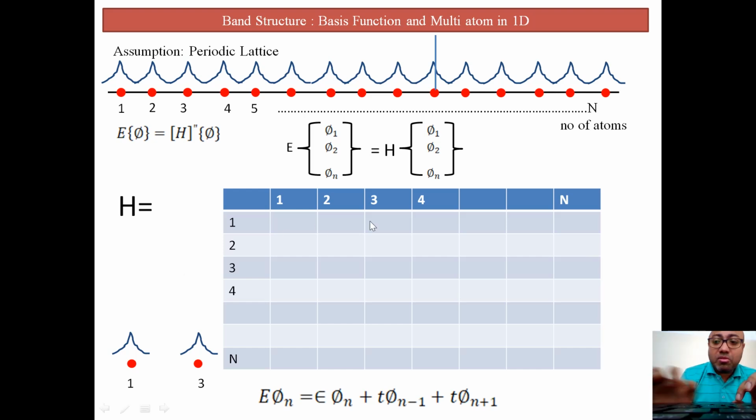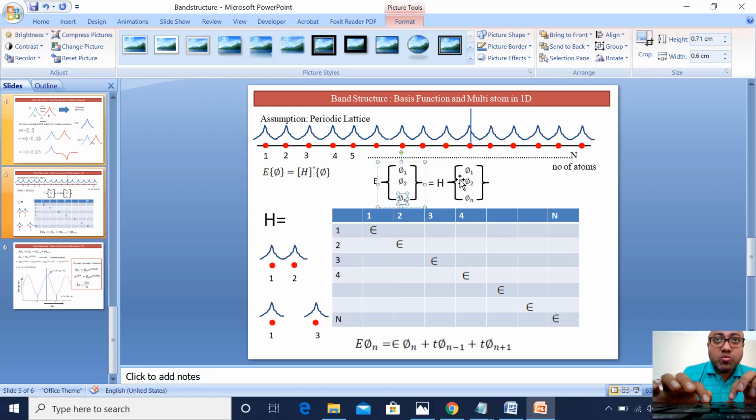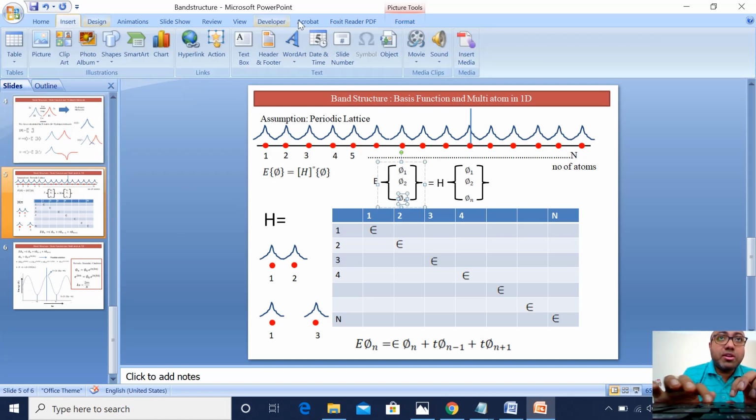So you know that all of H11, H22, H33, H44 up to Hnn we have written as E. H12 we have to write as T. So let me write T here.